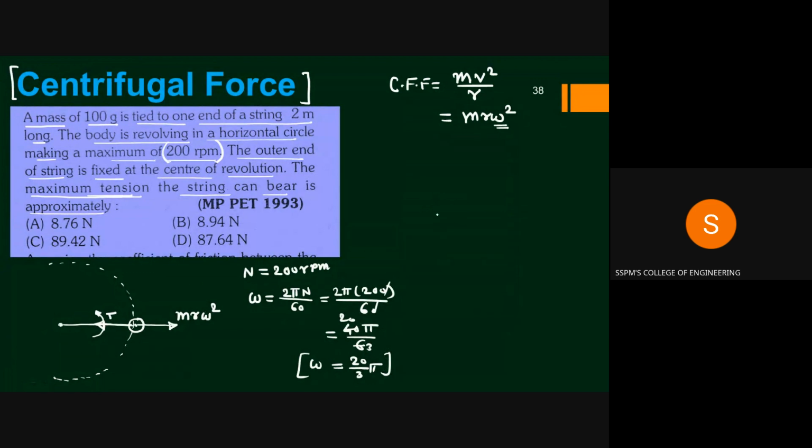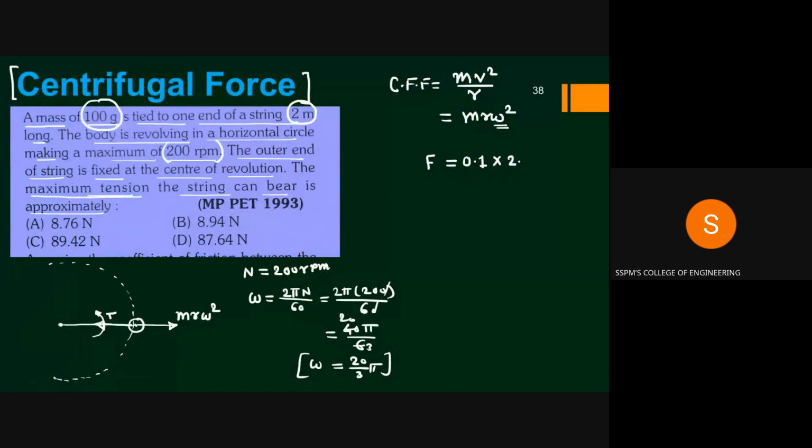Now you can put this value of omega in the equation of centrifugal force. So I will write this as F. The M value is given as 100 gram. Use the SI unit, so 100 gram will be 10 to the power minus 3 kg, so it is 0.1 kg, into the radius, which is given as 2 meter.